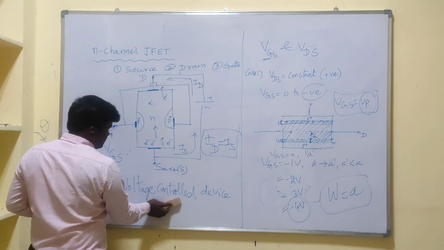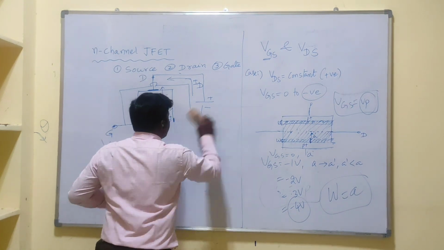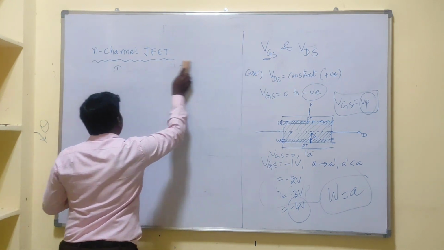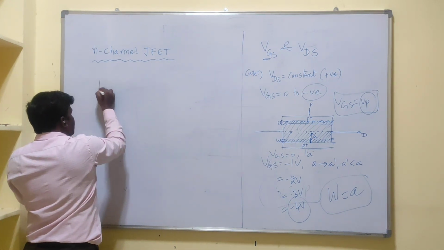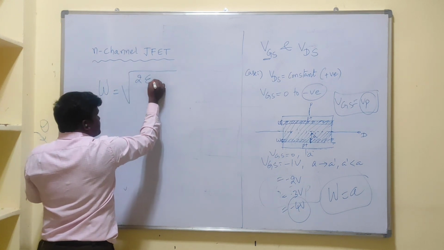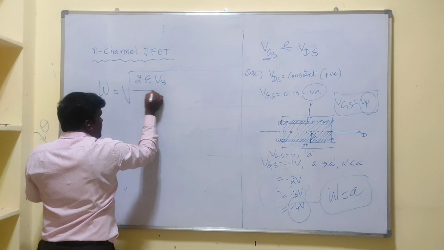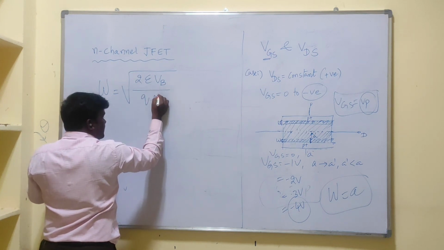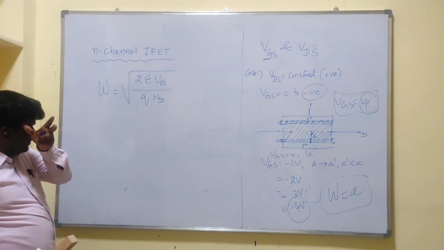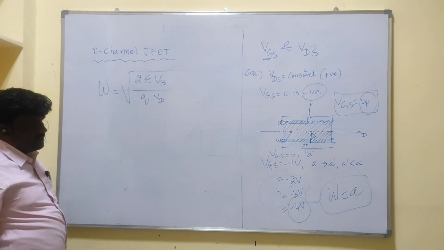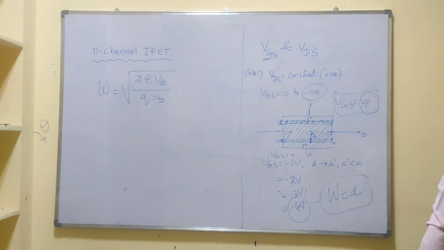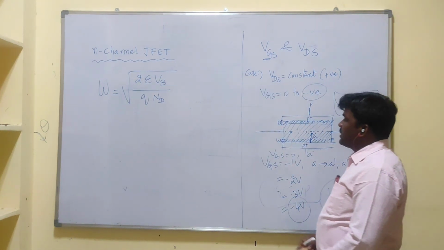We know the width of the depletion region. In the PN junction diode we discussed this derivation: the width of the depletion region is equal to square root of 2 epsilon VB by QND.